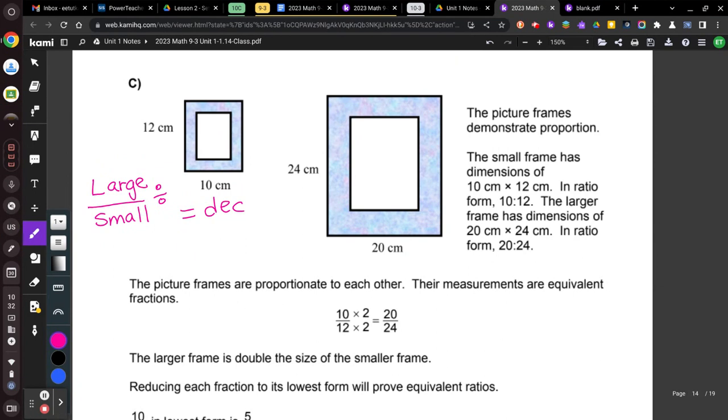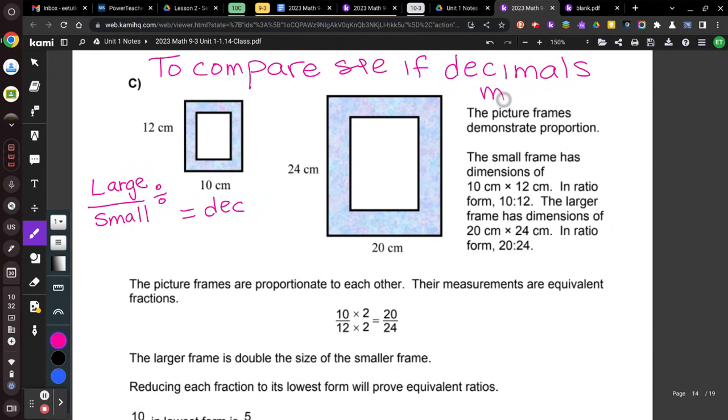So that's what we have to figure out. So to compare, see if their decimals match. Okay, so we're seeing if these decimals match.